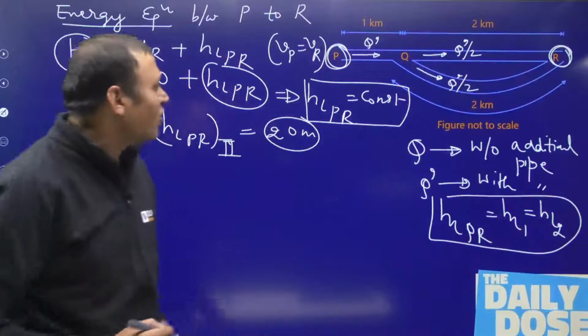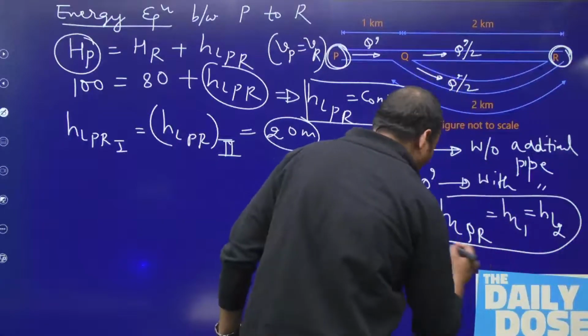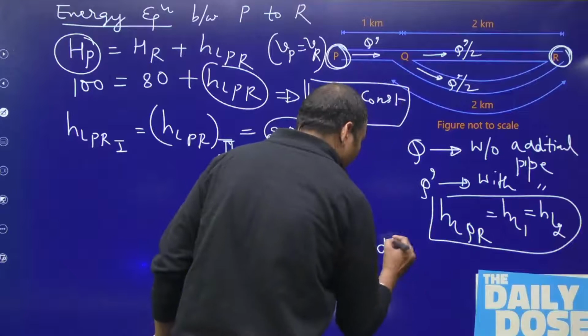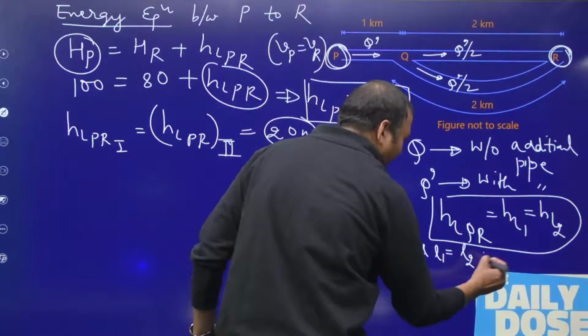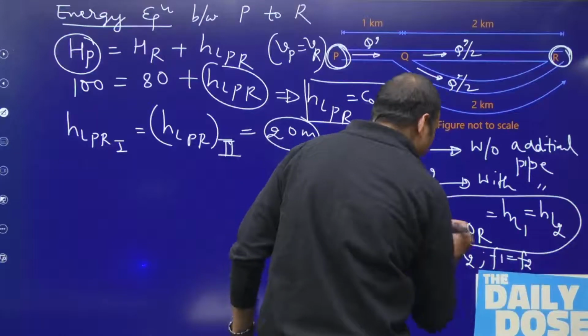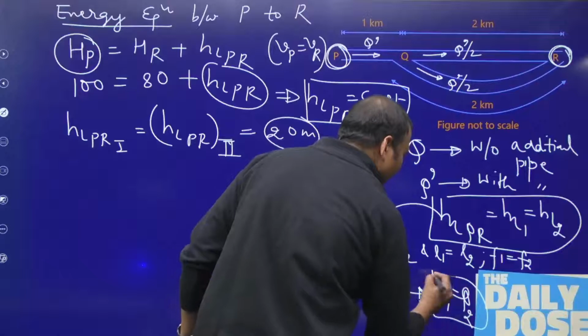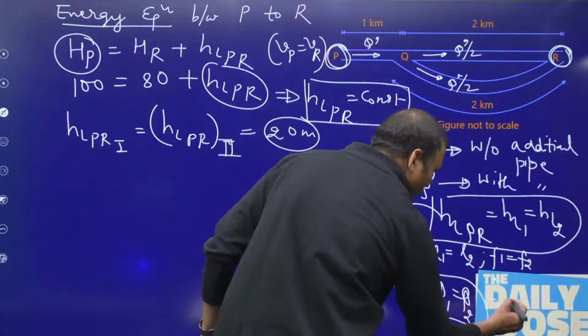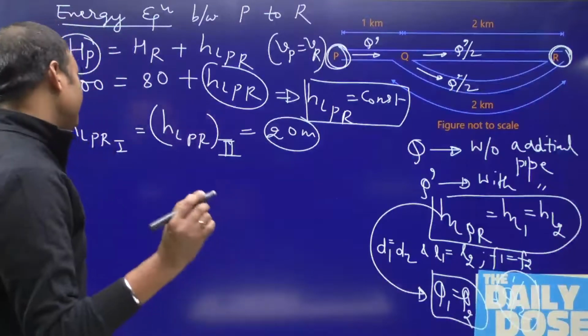The loss will remain constant, and D1 is equal to D2, L1 is equal to L2 and F1 is equal to F2. So from here we can say Q1 is equal to Q2. That will be equally distributed, Q dash by 2 each. The discharge will be the same.